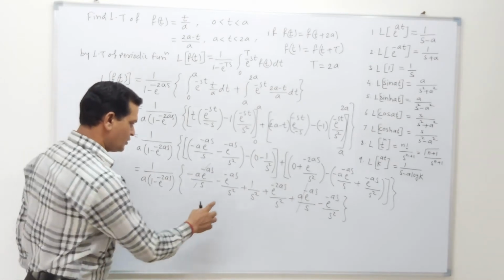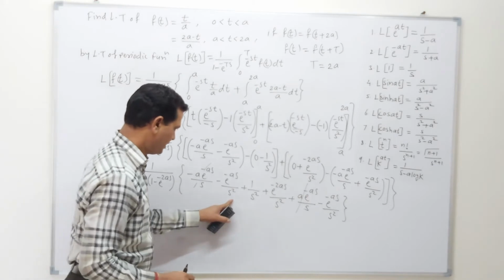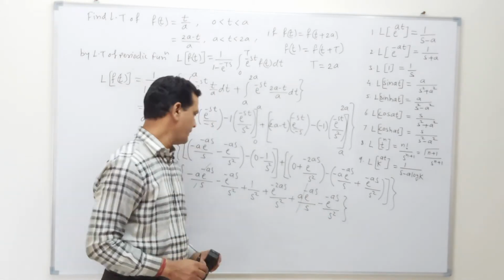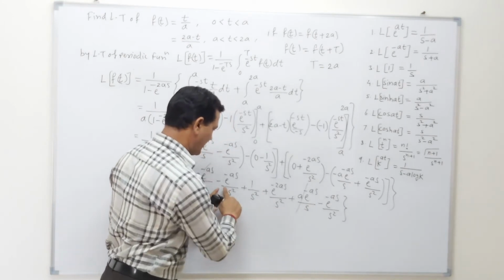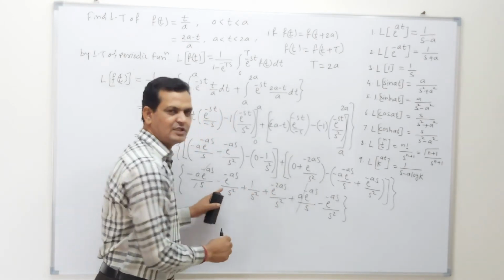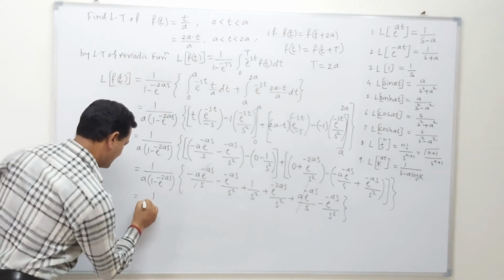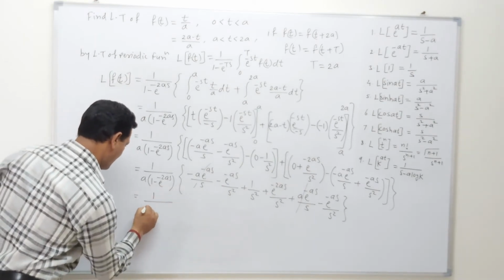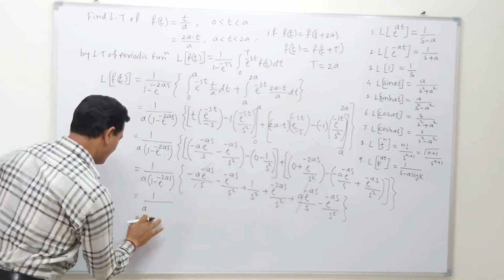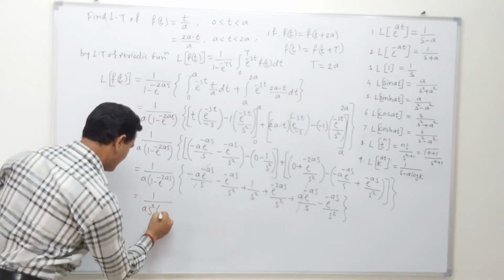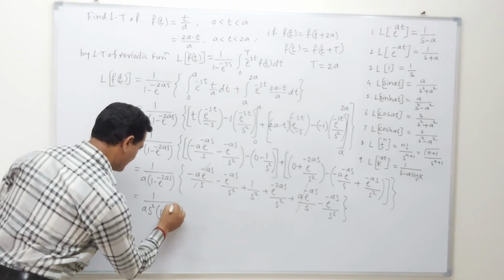Then moreover, it is always possible for us to take the term s square common from the denominator of the remaining terms, and this term is repeated twice. This is 1 minus 2 times this term into this, so that we get the square of this term. So we may write this as 1 upon a into, after taking s square common, a s square (1 minus e raised to minus 2as).